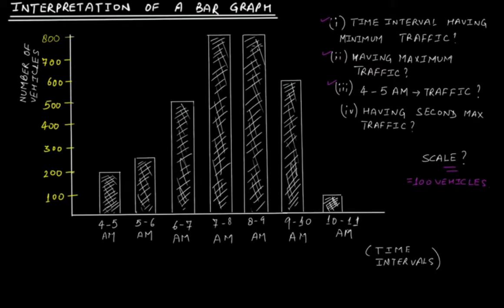Which bar has the next maximum height? Of course, this one, right? So this is the time interval 9 to 10 am, and you can see that it's at 600. So the number of vehicles is 600 between 9 to 10 am. So having second maximum traffic is the time interval 9 to 10 am.